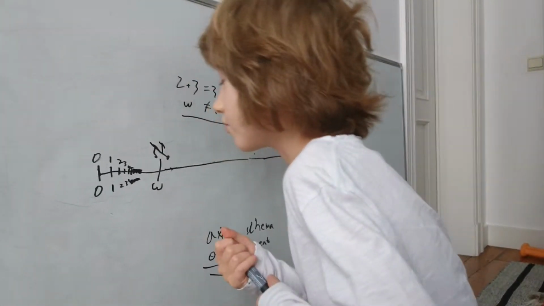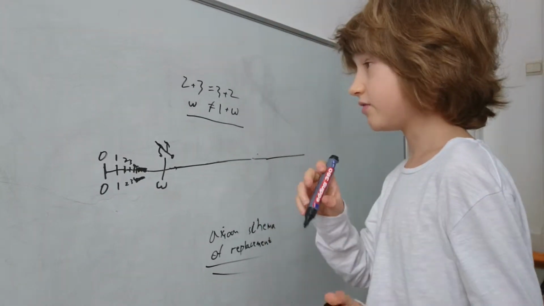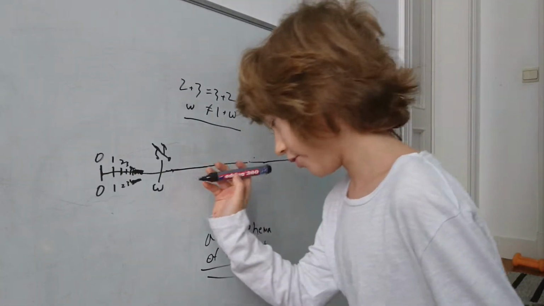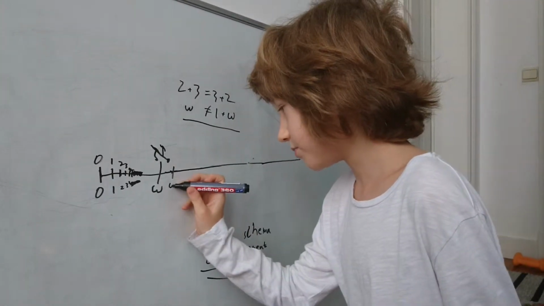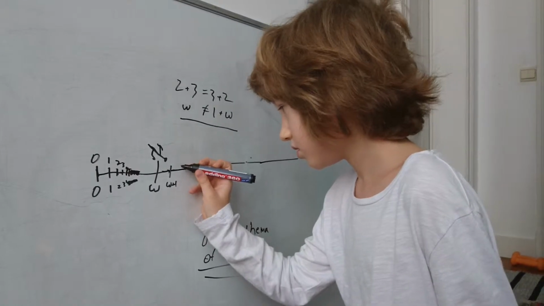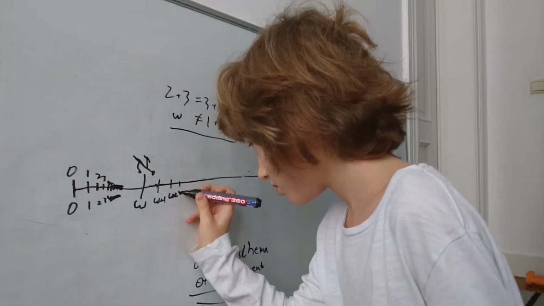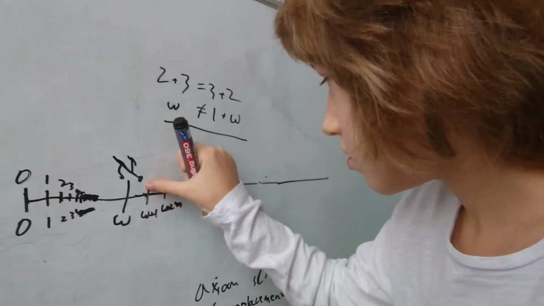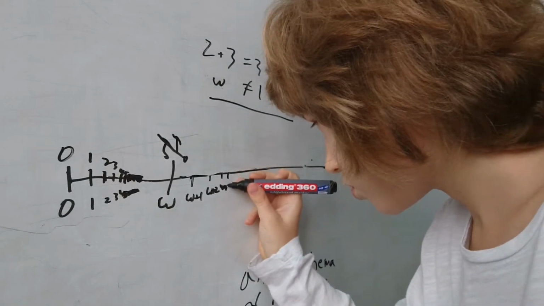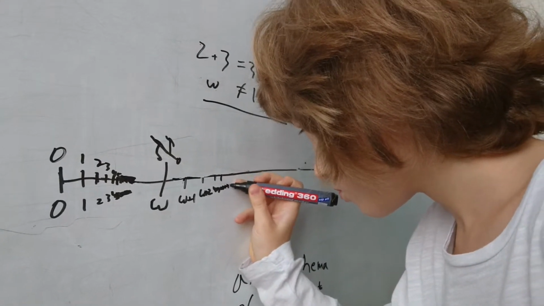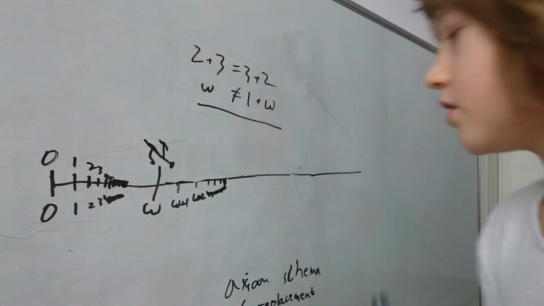All right, so here we go. I'm going to go through the process again, really quickly, and then we'll be done with this footnote. So we start here, and then we go omega plus 1, omega plus 2, omega plus 3, omega plus 4, and so on.